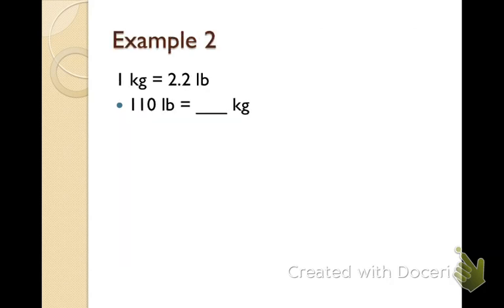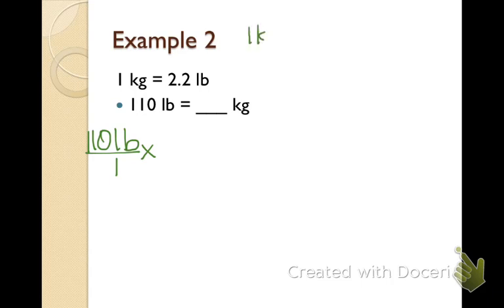Let's go ahead and try this for pounds into kilograms. I know that 1 kilogram is equal to 2.2 pounds. So if I have 110 pounds, I want to know how many kilograms this is equal to. I'm going to put that 110 pounds over 1 and then convert it by one of the conversion factors.